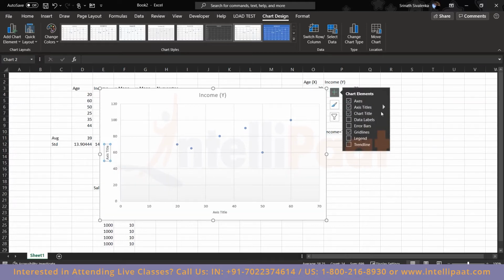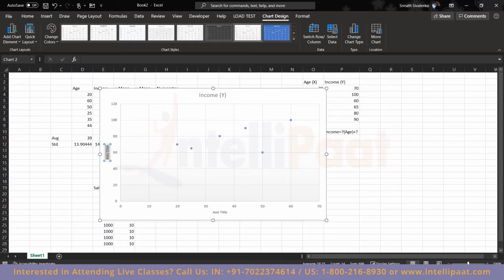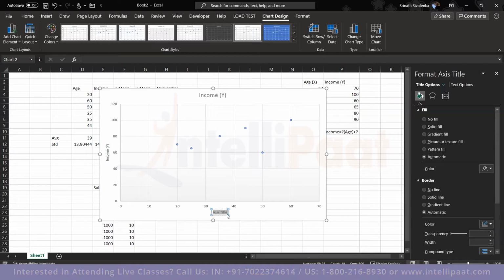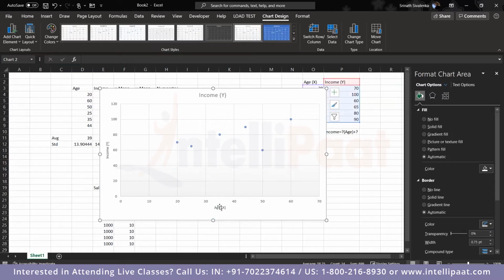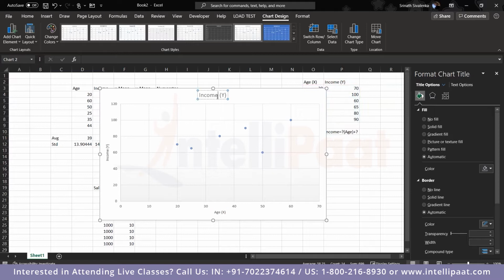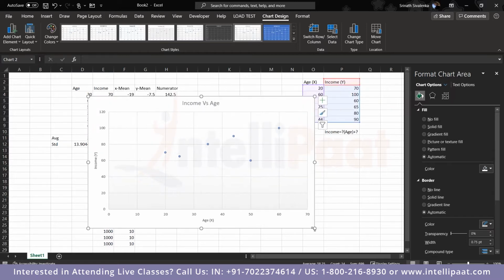Oh, got it. Thank you for that. So you could quickly do this. This is your income, which is your Y, and this is your X, which is nothing but your age. Perfect. So this is income versus age. I'm just doing some simple embellishments over here, doesn't matter. But the point is, this is how it looks.